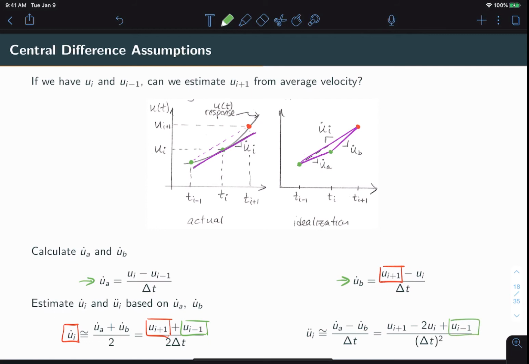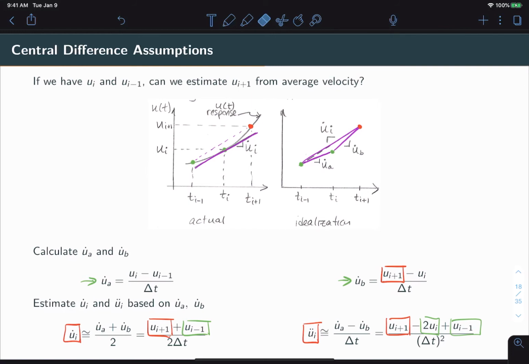So ui minus 1 is known, ui is also known, ui plus 1 is unknown, and u double dot i is also unknown. So we notice that at the end of this, we have two equations and three unknowns, so we need an extra equation. This is where the equation of motion comes in as usual.